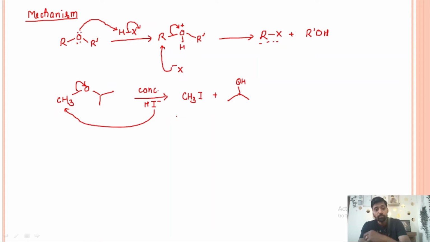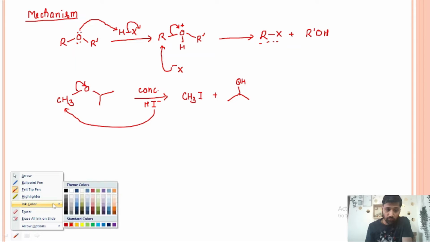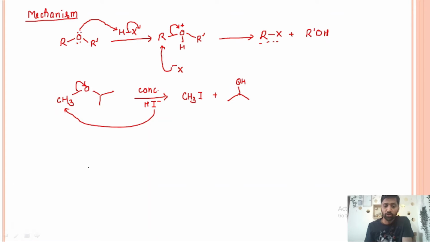But many of you must be thinking, sir, how can you say that the iodide will attack this carbon only and will not attack the other alkyl group, that is the isopropyl group? That is where the complication of nucleophilic substitution in ethers lies. Here I have formed one set of products, but there is a possibility of another set of products as well.